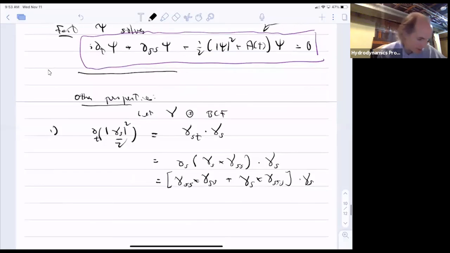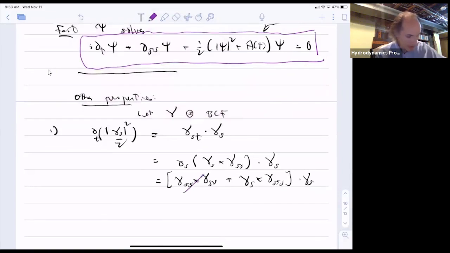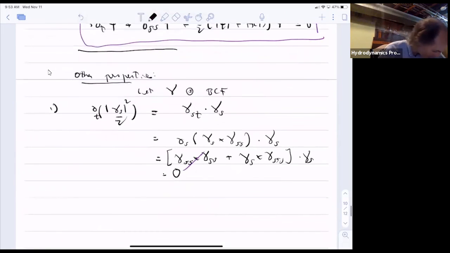Okay, and so I get this: the first term is clearly 0, since I'm taking the cross product of the vector with itself. And then the second term vanishes because gamma_s cross gamma_ss is orthogonal to gamma_s, and so I get 0. So if I arrange that I have an arc length parameterization at time 0, that will be true at later times.